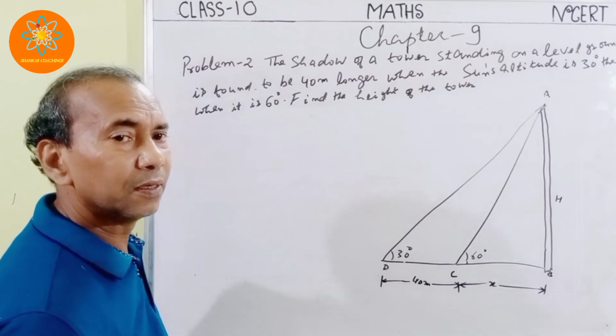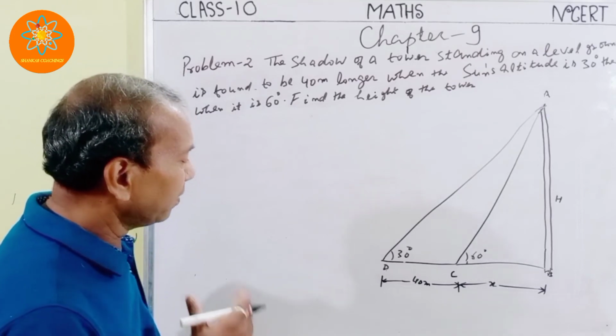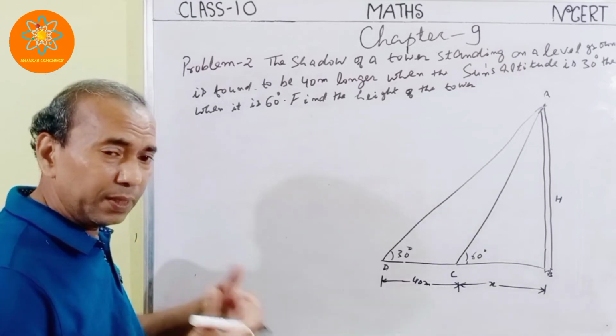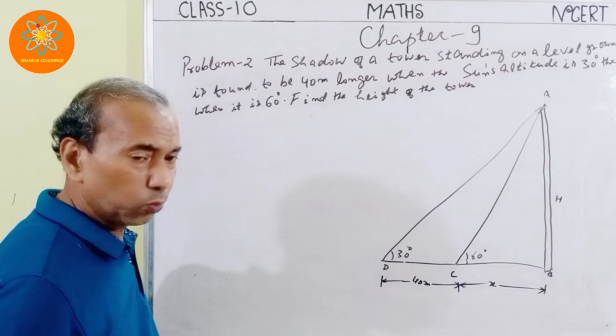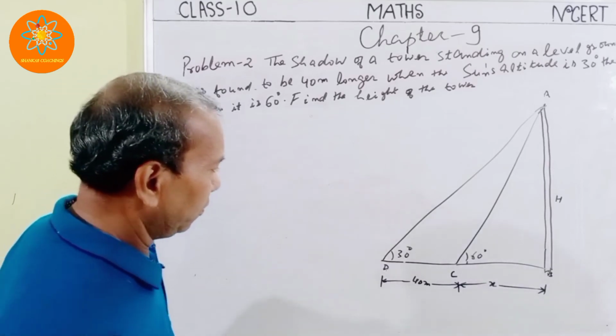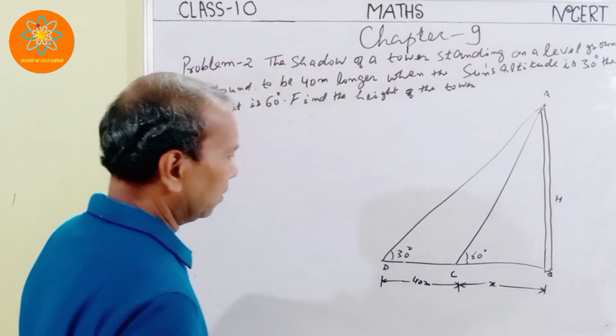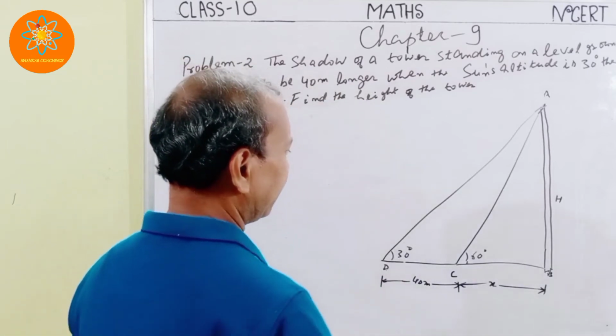You must find what the right angle triangles are. Maybe there are two right angle triangles.